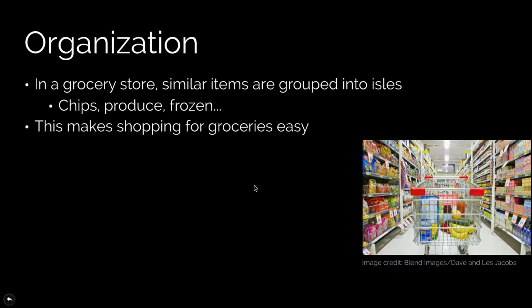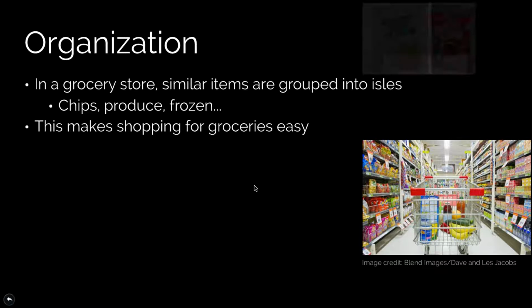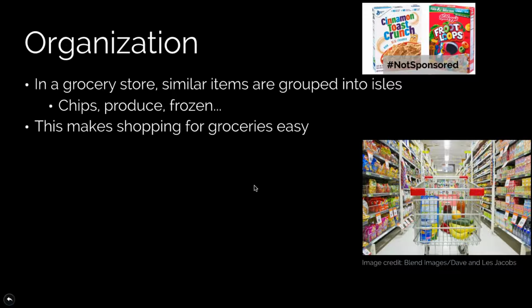All right, and so just having the grocery store set up like this makes shopping for groceries very easy. So if one day you go into the grocery store and you're looking for your favorite cereals, Cinnamon Toast Crunch and Fruit Loops, you know exactly where you're going to find them. You just go straight to the cereal aisle and you can find both of your cereals in that same aisle.